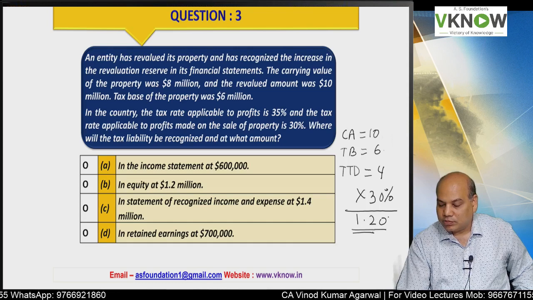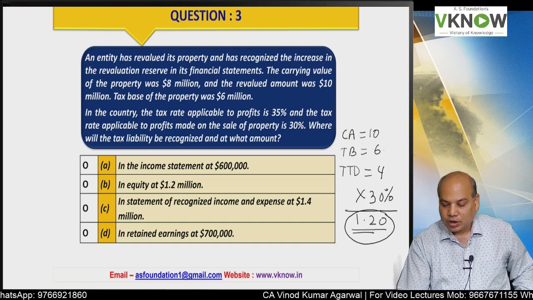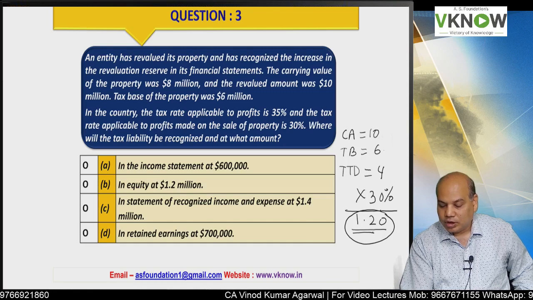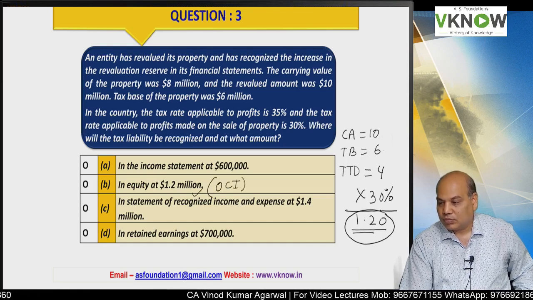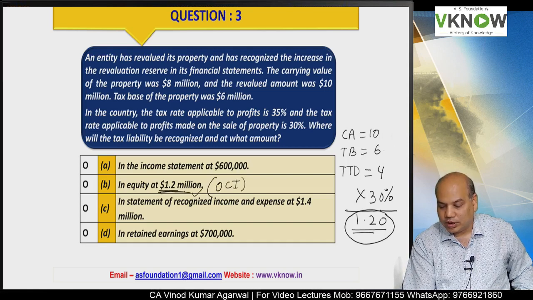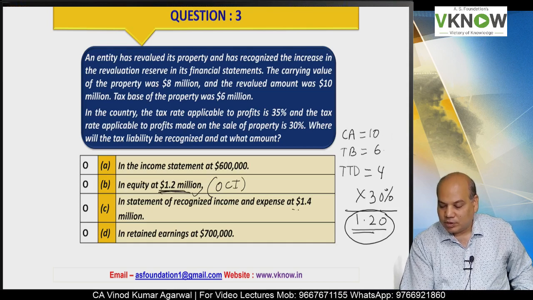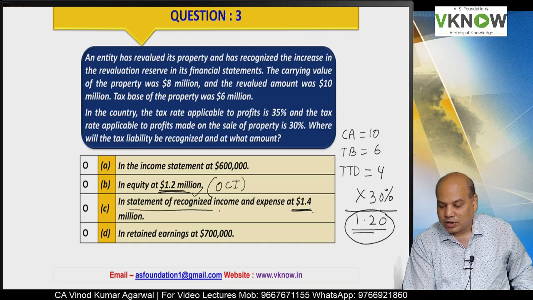Because it is due to revaluation, we are going to adjust in OCI. So only one answer is 1.20. If I take 35%, the answer will be 1.40. But then it is saying it will be recognized in the statement of income and expense.